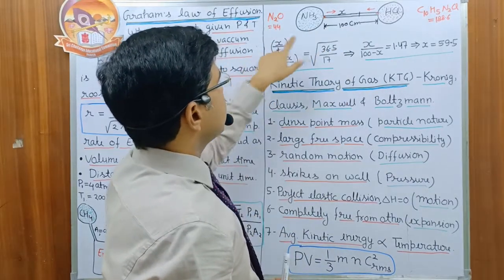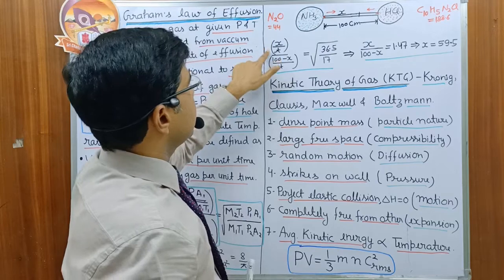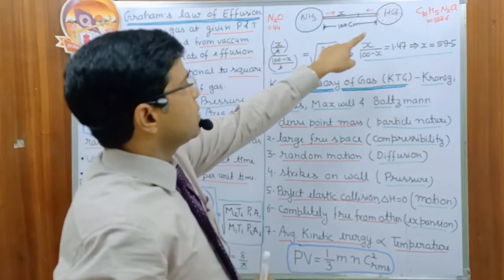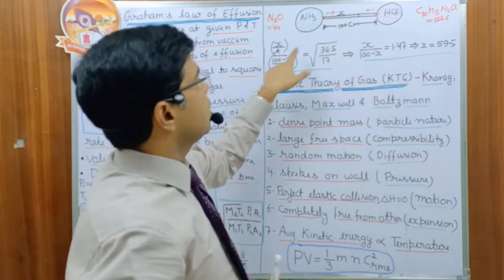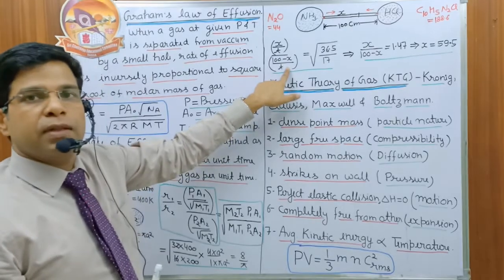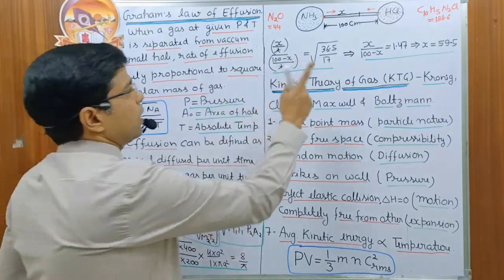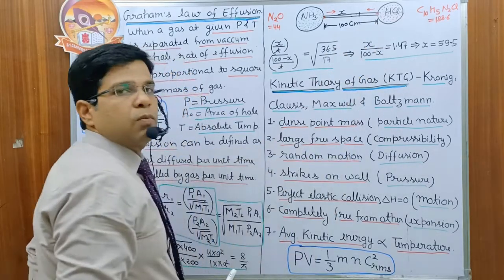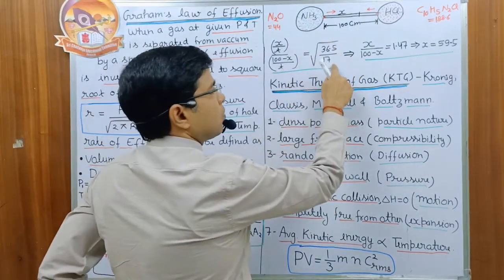So what is the distance traveled by the NH3? x in time t. What is the distance traveled by the HCl? That is 100 minus x at the same time t. T cancels out. The molar mass of HCl is 36.5 divided by the molar mass of NH3, 17.